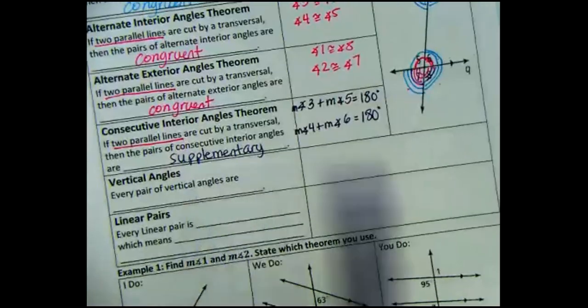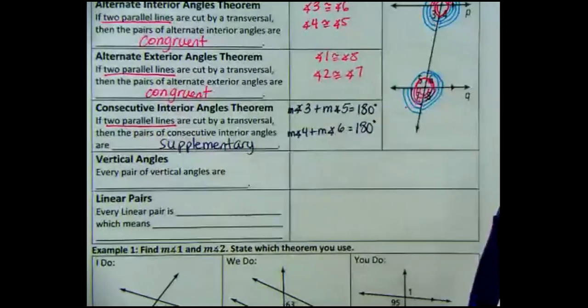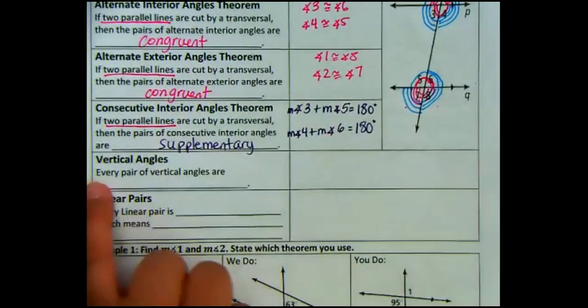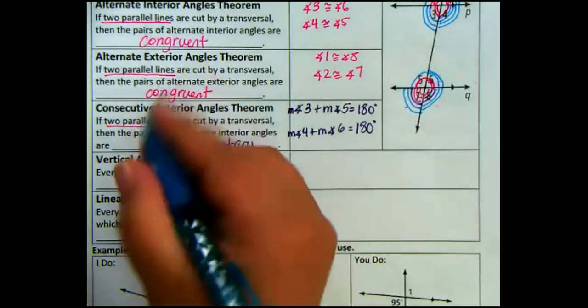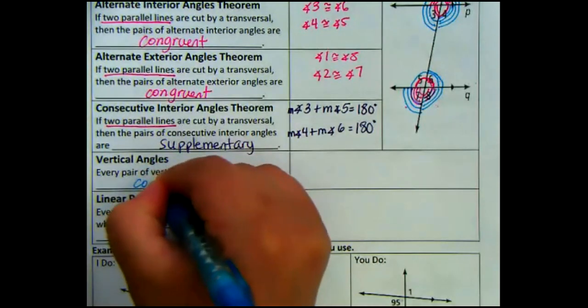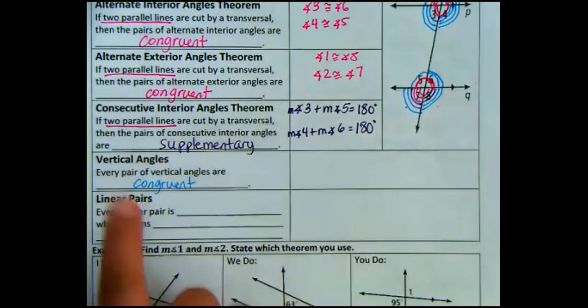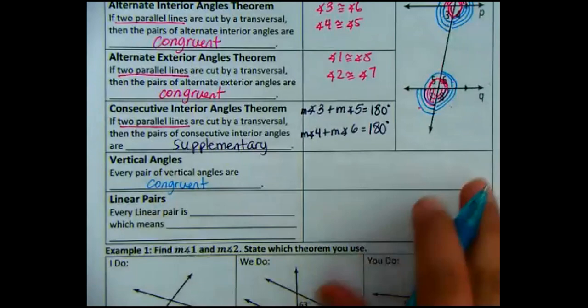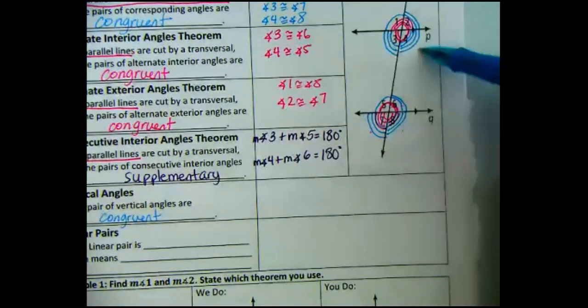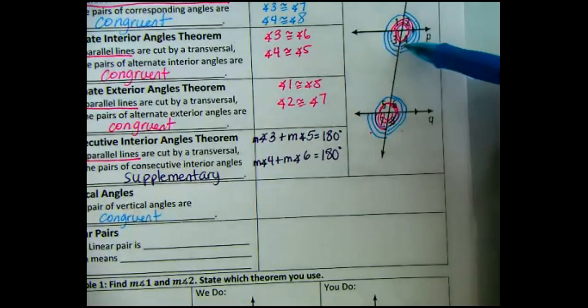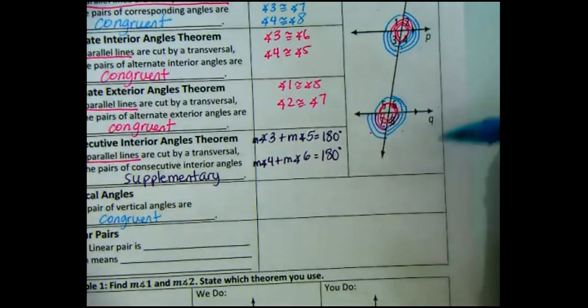Now in each quad, each intersection that happens, we have these two angle pairs that also get created. So if you remember our vertical angles, every pair of vertical angles are congruent to each other. So in this intersection up here, in this quad, I have two pairs of vertical angles.